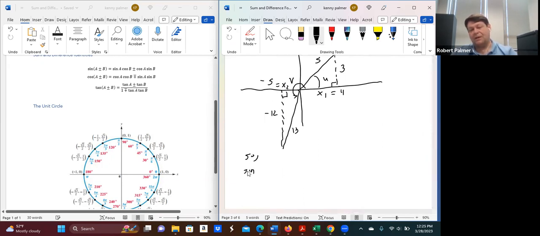So the sine of u plus v is, from our definition, the sine of u times the cosine of v plus the cosine of u times the sine of v.